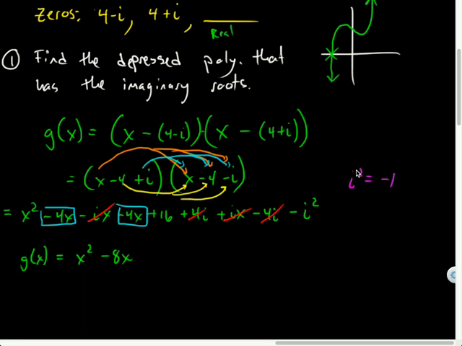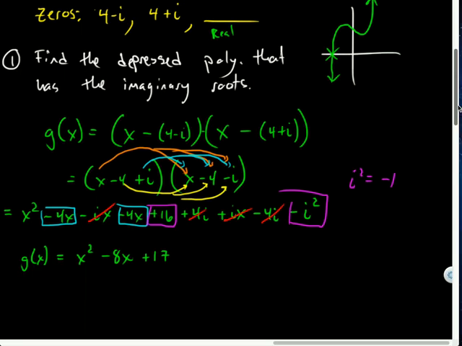I squared is equal to negative 1, right? So negative I squared is plus 1. So I can combine 16 and plus 1 to get 17. Yep, because it's minus the negative 1. Technically I should show a little bit more work in there, but I'm trying to shorten an already long problem.